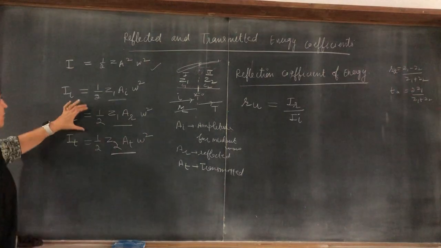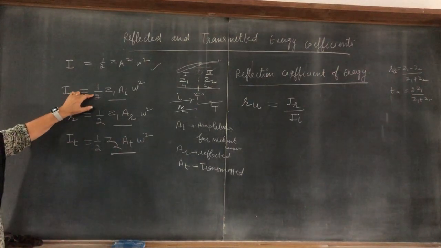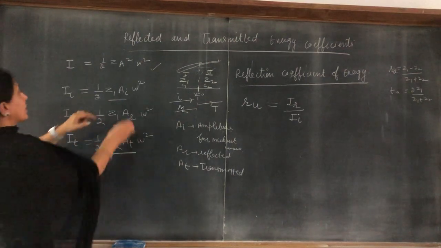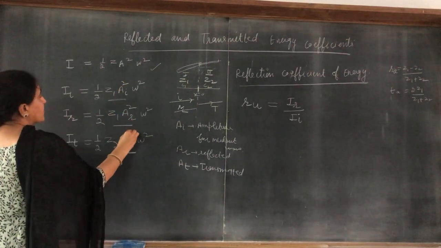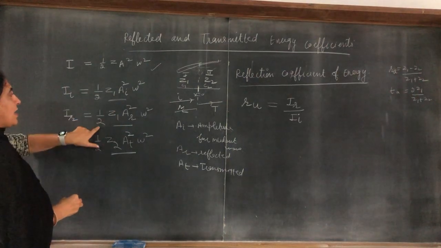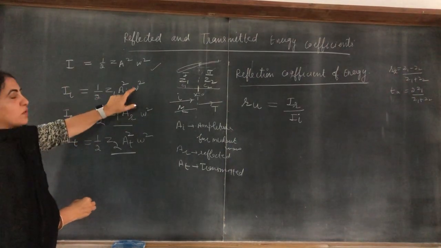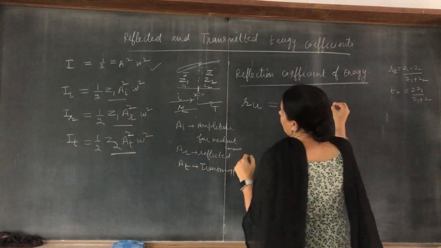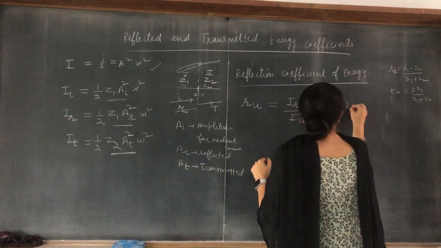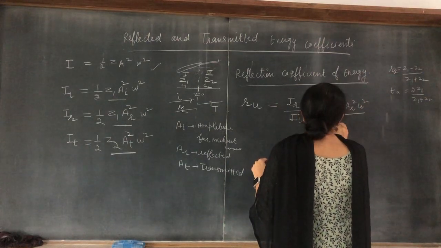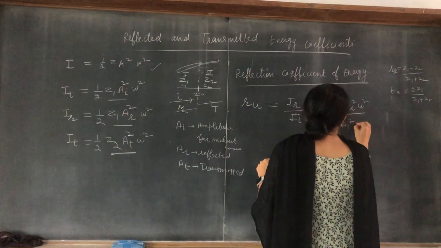When we take the ratio of these two, what do we get? Sorry, this is amplitude square here because A is squared. So we have half Z1 AR square omega square divided by half Z1 AI square omega square.